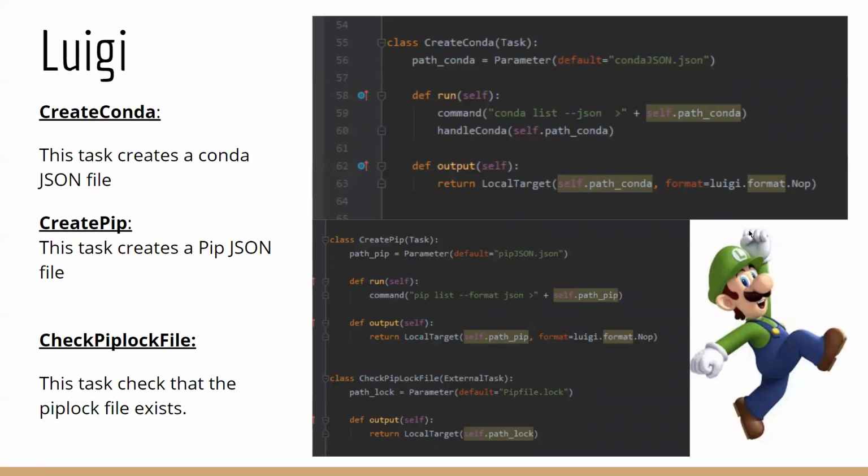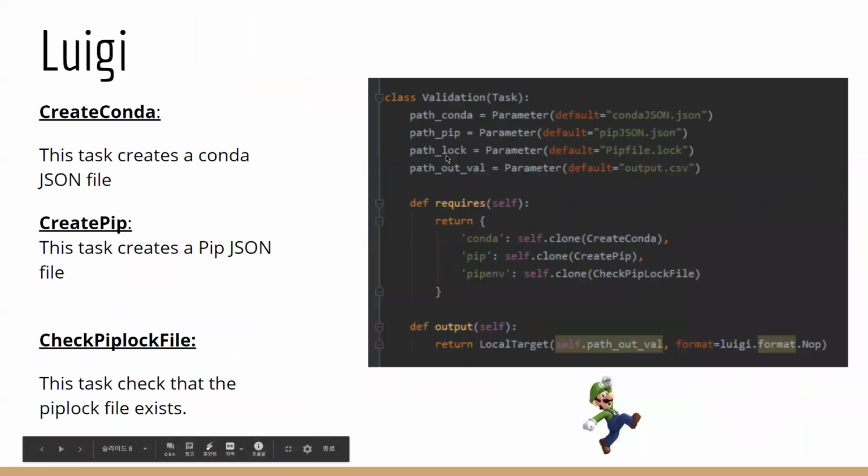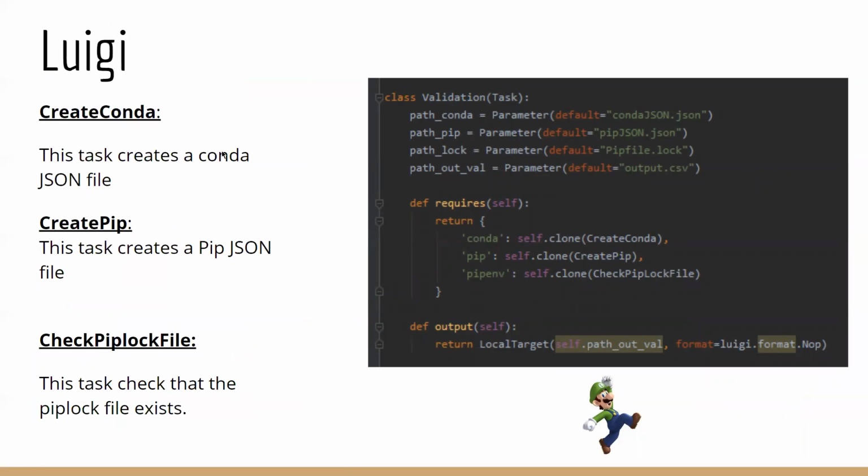So this is the Luigi process. As you can see, we take the conda.json, pip.json, and the Pipfile, as you see over here. Then the next step is validation, checking that they're all there.